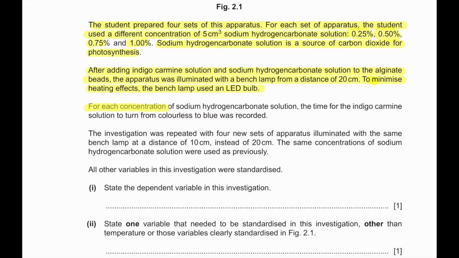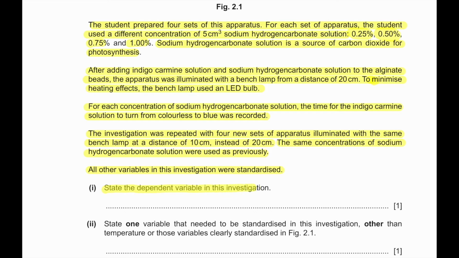For each concentration of sodium hydrogen carbonate solution, the time for the indigo carmine solution to turn from colorless to blue was recorded. The investigation was repeated for 4 new sets of apparatus illuminated with the same bench lamp at a distance of 10 cm instead of 20 cm. The same concentrations of sodium hydrogen carbonate solution were used as previously. All other variables in this investigation were standardized.